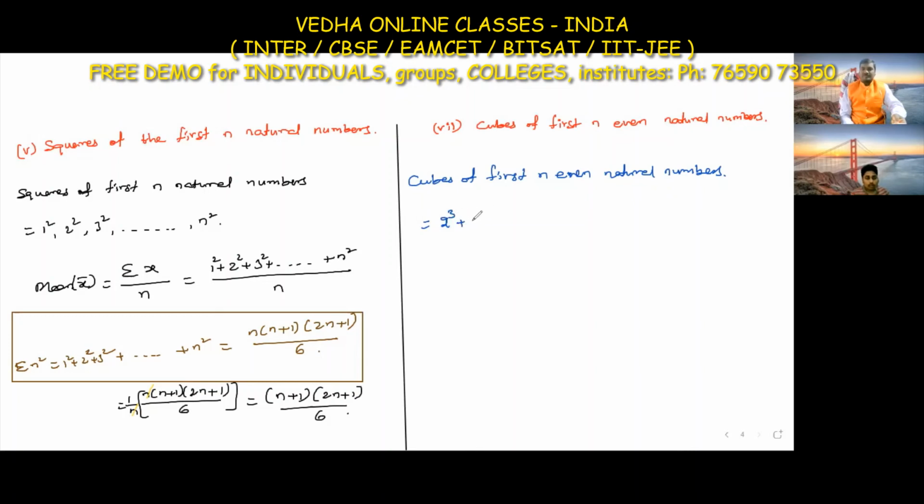Then 4 cube, 6 cube, and so on. Here an even number can be written as 2n plus 2, or 2n minus 2, or we can take it as 2n.